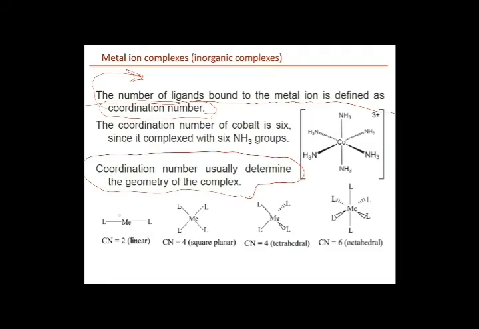For example, here we have a metal ion which is combined with two ligands. So the coordination number of this metal, which is the substrate, is 2 because it's able to form bonds with two ligands. Here, for this metal, the coordination number is 4. Why? Because it has the ability to form 4 bonds with 4 ligands.